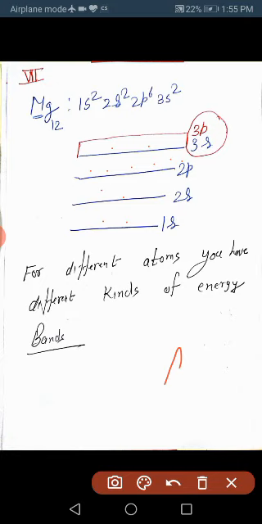Electron movement can be there, because in 3p the 6 quantum states will be vacant. For different atoms you have different kinds of energy bands. Here you can see the 3s and 3p are merged, so they are not separate.